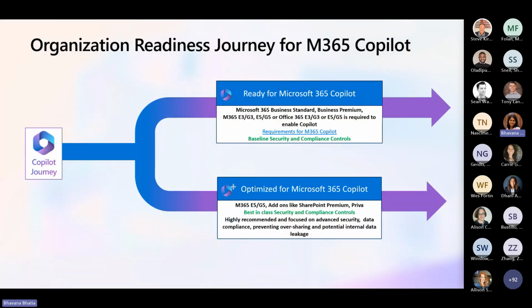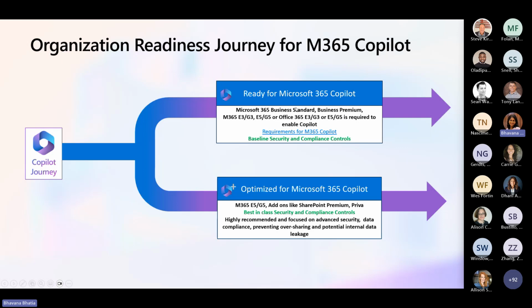Now, Microsoft 365 Copilot has the power to transform the way people work. But before organizations introduce Microsoft 365 Copilot into their environment, it's important that they evaluate and prepare their Copilot readiness journey. Depending on the current state and licensing requirements, you can choose the desired readiness journey path.